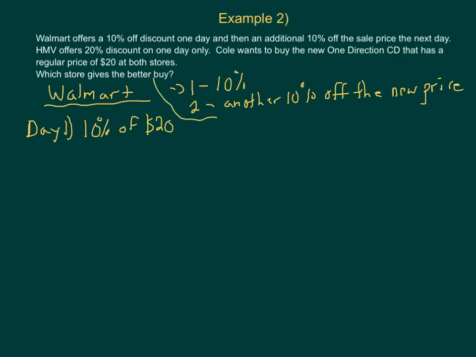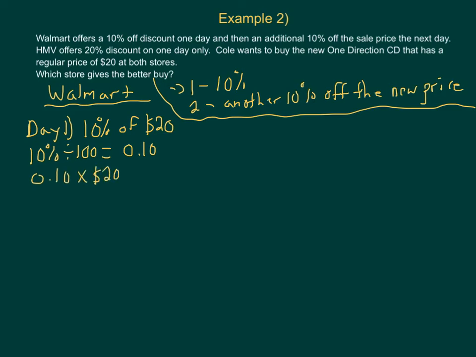So 10% of $20, well, we know we have to do our formula here, so make our percent into a decimal to find percent of a number, divided by 100 gives us 0.10. Once we've got our decimal, now we're going to multiply that decimal by our total cost, which is $20, which equals 2.